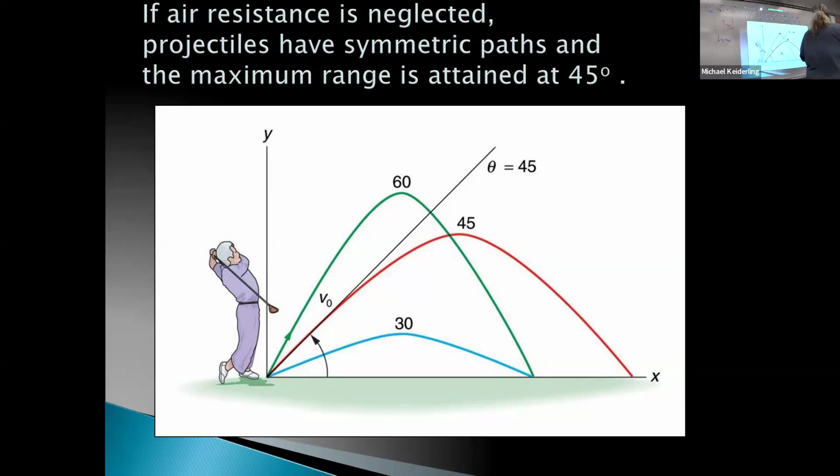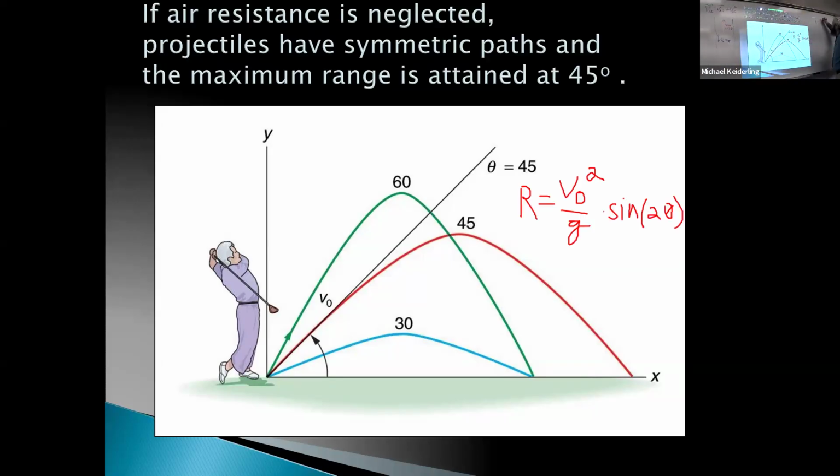And the formula to figure out the range of a projectile on an even surface, not that you'll actually need this, but the range formula is, well, I think I have it written on the slide, because I haven't perfectly memorized it.